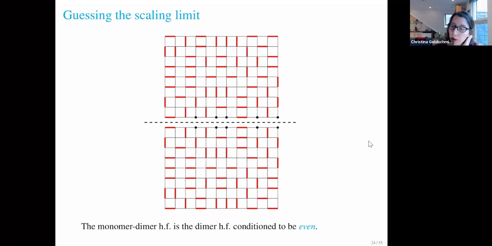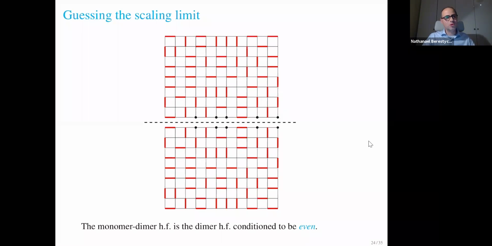So, can you allow monomers in the interior? Yes, very good question. Certainly, there's nothing that prevents you from allowing a monomer in the interior. In fact, this is a topic of a famous conjecture. But what you do lose with allowing monomers in the interior is the notion of a height function. So that's important: if you want a height function, you need to allow only monomers on the boundary.